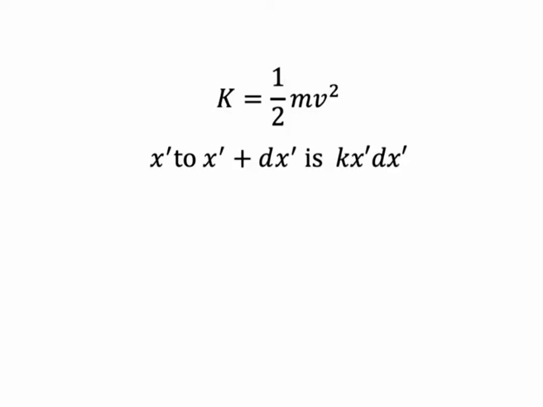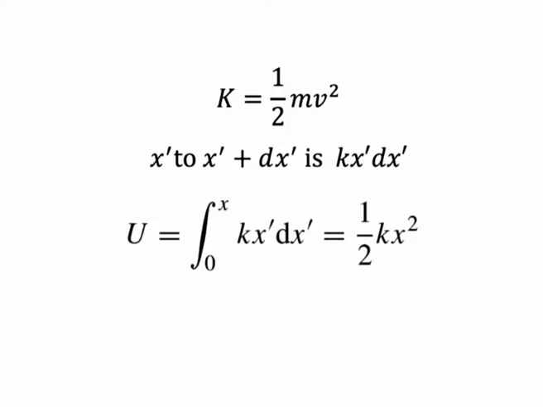Hence, the work done extending it from its unstretched length by an amount x, that is, its potential energy when extended by this amount, is U equal to the integral of kx prime dx prime from 0 to x, which is equal to half kx square. Similarly, when the spring is compressed by an amount x, the stored energy is again equal to half kx square.